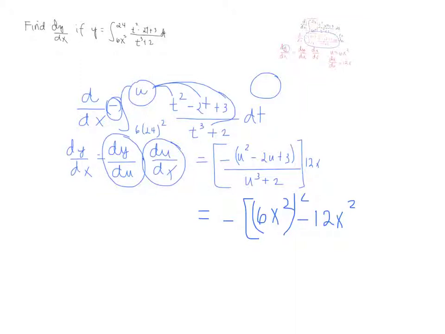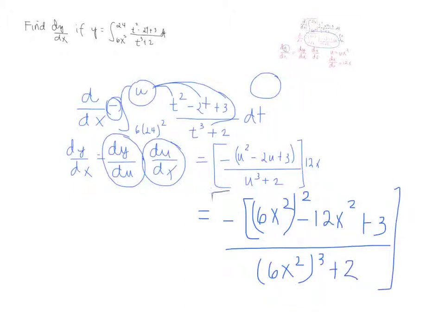So let's erase that. It should be raised to 2. And then there's a plus 3 all over u cubed plus 2, where u is 6x squared, multiplied by 12x.